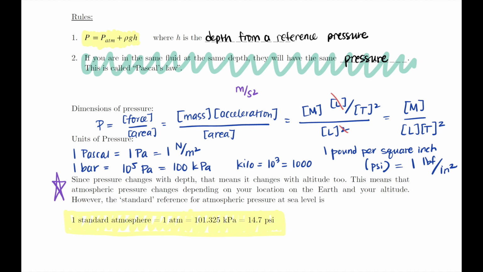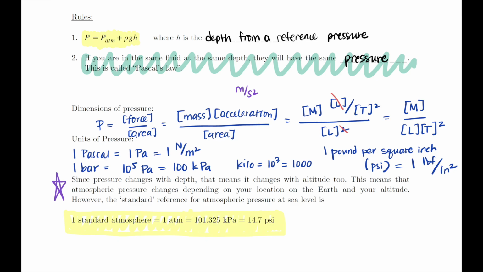All right, and so the units that we have for pressure are 1 Pascal, which is abbreviated Pa. That is equal to 1 Newton per meter squared. We can also use a bar, and that is equivalent to 10 to the 5 pascals, or 100 kPa, because kilo is 10 to the 3 or 1,000.